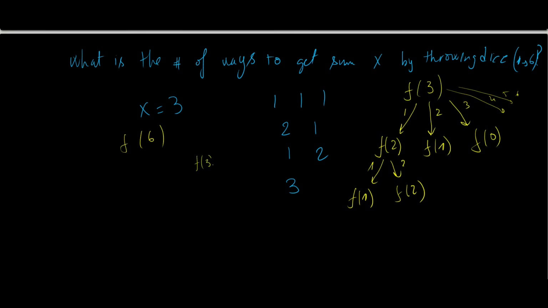So f of 3 will be equal to f of 2 plus f of 1 plus f of 0. And in general, f of n will be equal to f of n minus 1 plus f of n minus 2, all the way up to f of n minus 6. Of course, only when these values are possible.